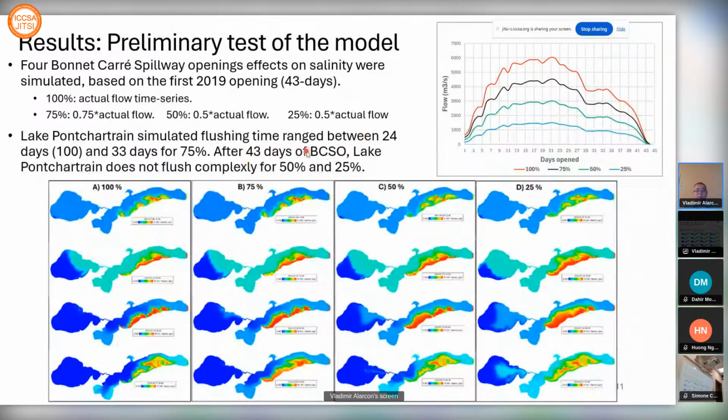And we found flushing times that are consistent with what was reported in the literature. So our model is more or less replicating what was reported in previous research.